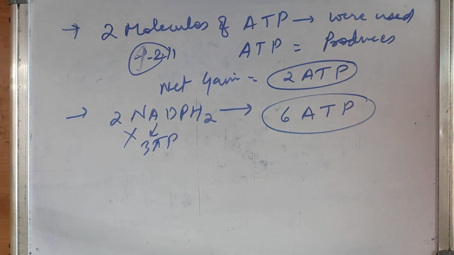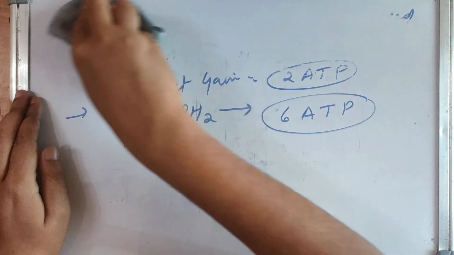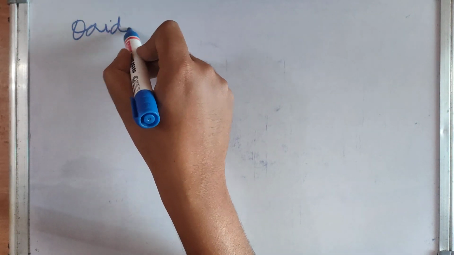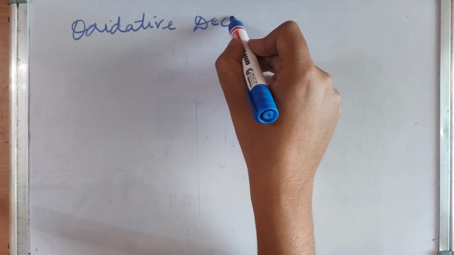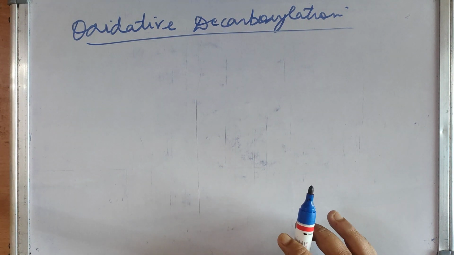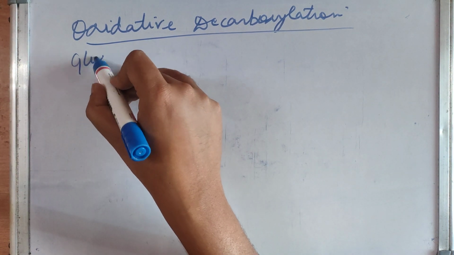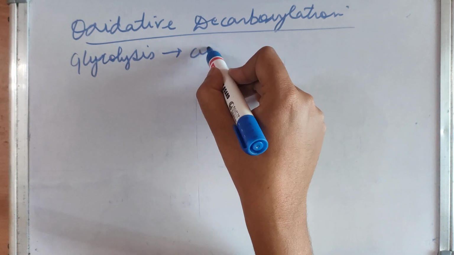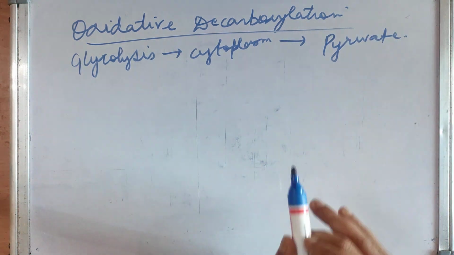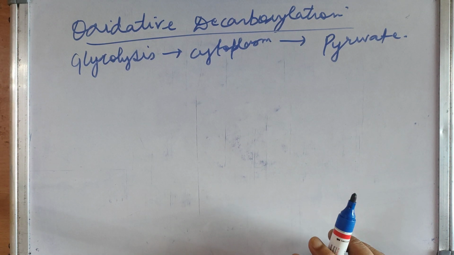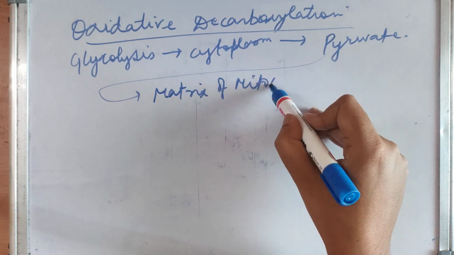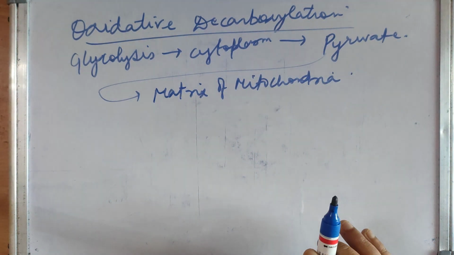Now what is oxidative decarboxylation? Glycolysis takes place in the cytoplasm of cells, and it produces pyruvate, which continues on into the matrix of mitochondria.